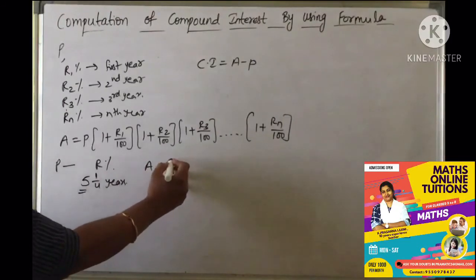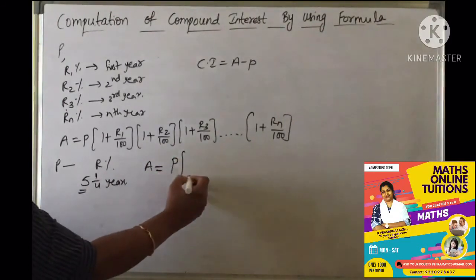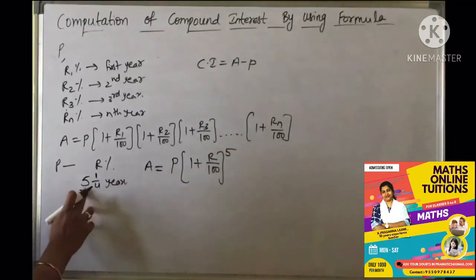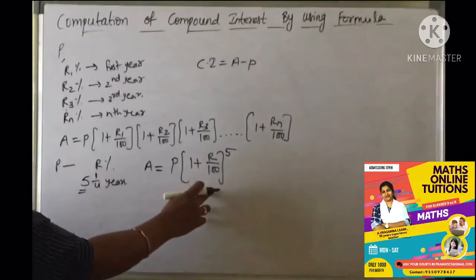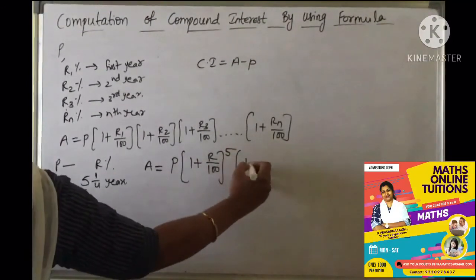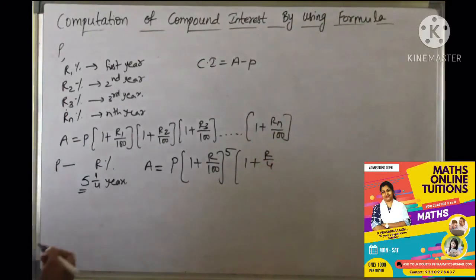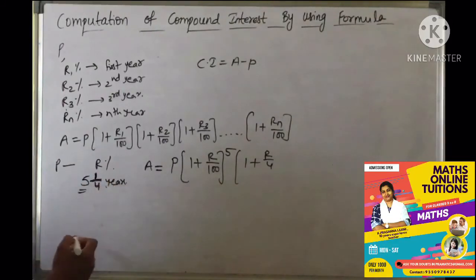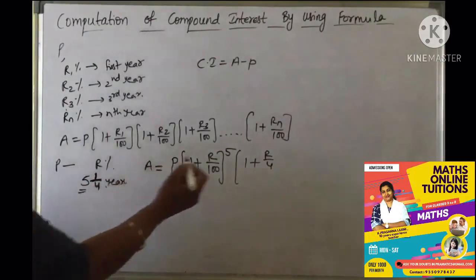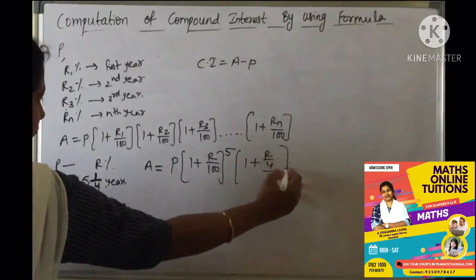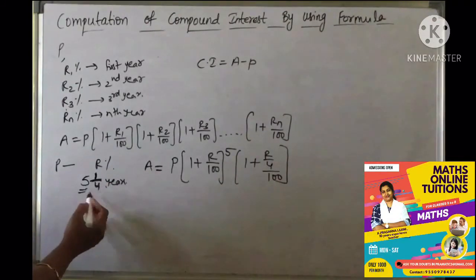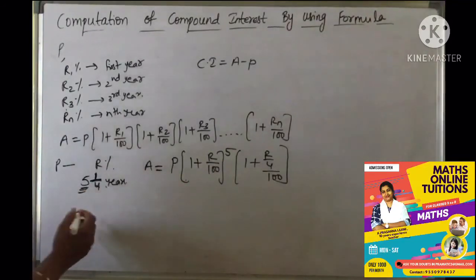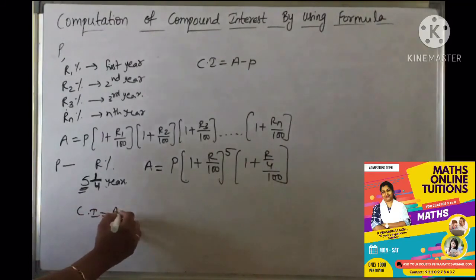So you need to write A equal to P into (1 plus R by 100) whole to the power of 5, where 5 is the whole part, into (1 plus (1 by 4 of R) by 100), since the fraction part is 1 by 4. This is how you have to find it when the time period is given as a fraction. One factor is for the whole part and another for the fractional part. And the compound interest is given as usual, A minus P.